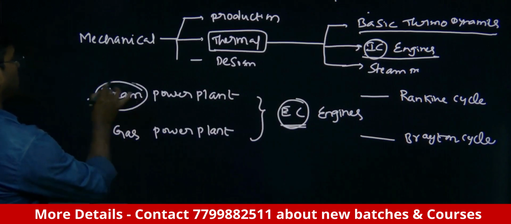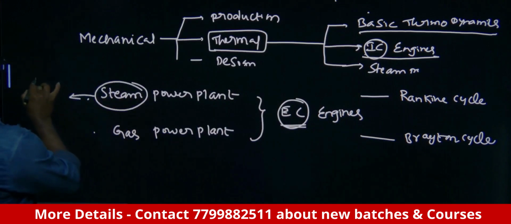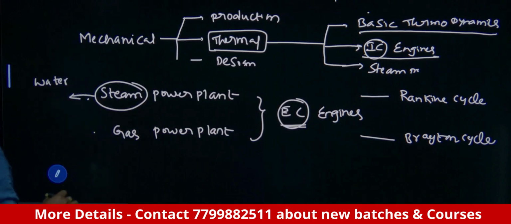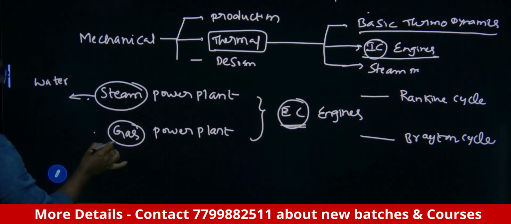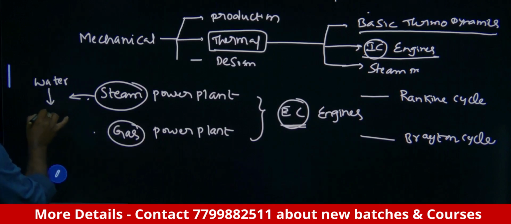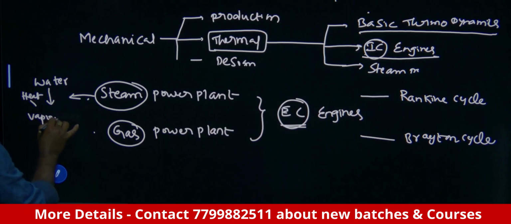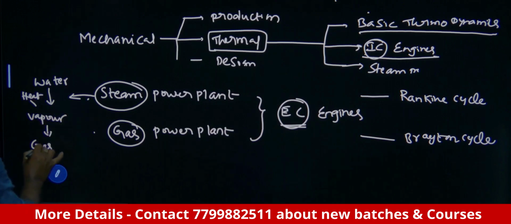First of all, how are you producing steam? The input is water. If you heat the water, it will convert into vapor. If you heat the vapor, it is converted into gas.